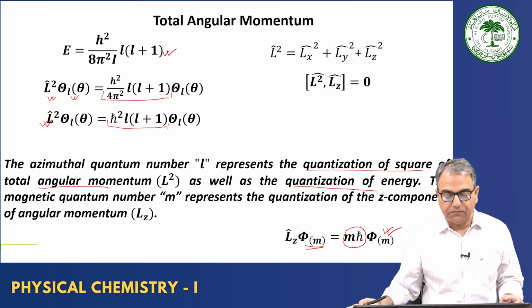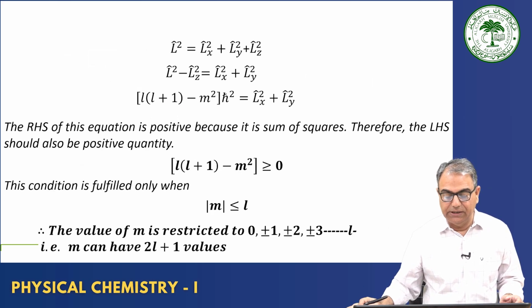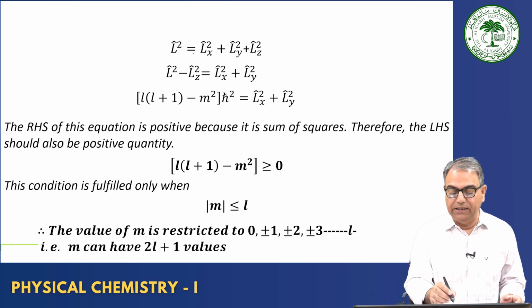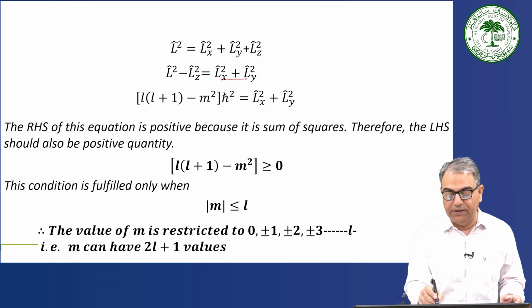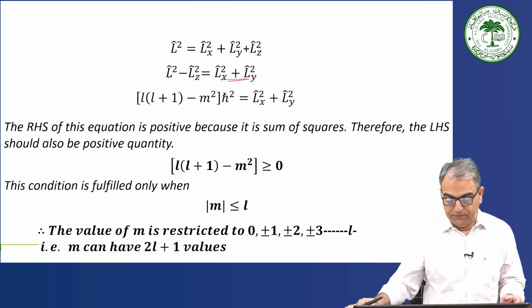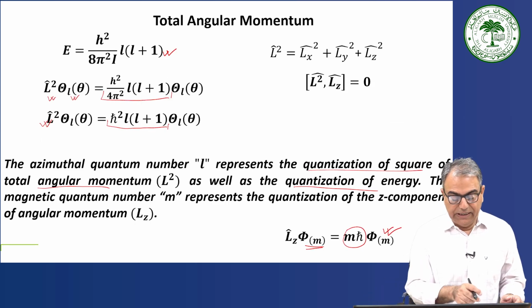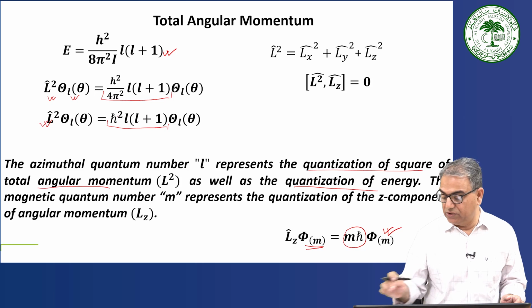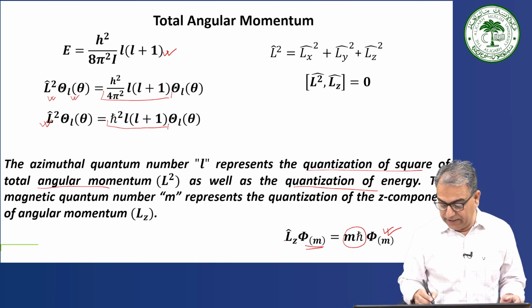If you use these two equations, L square is equal to Lx square plus Ly square plus Lz square, so you can write L square minus Lz square. If you put in the values, L square is L into L plus 1 h cross square, and Lz square is m square h cross square.